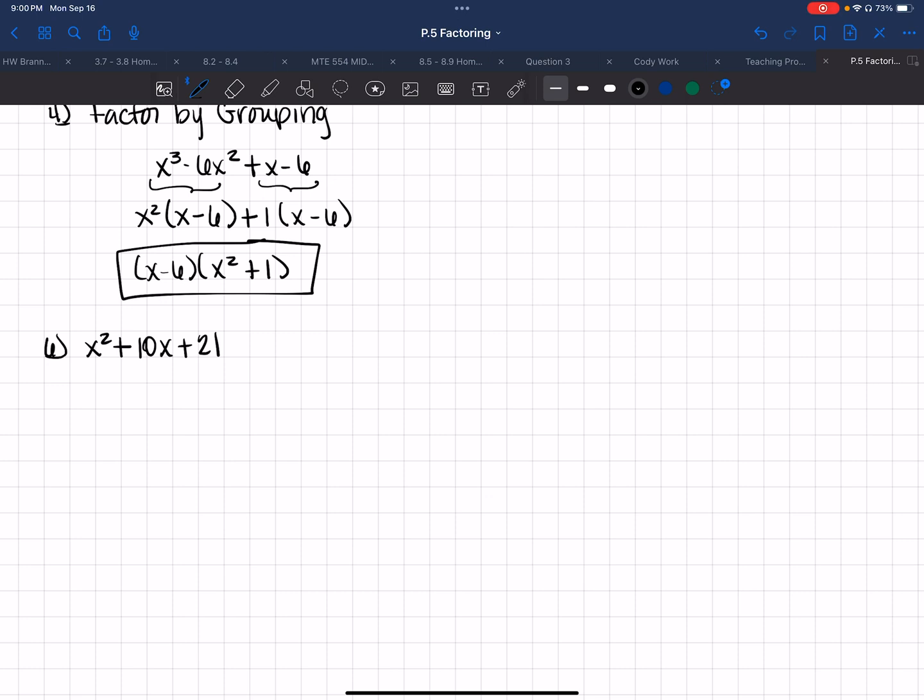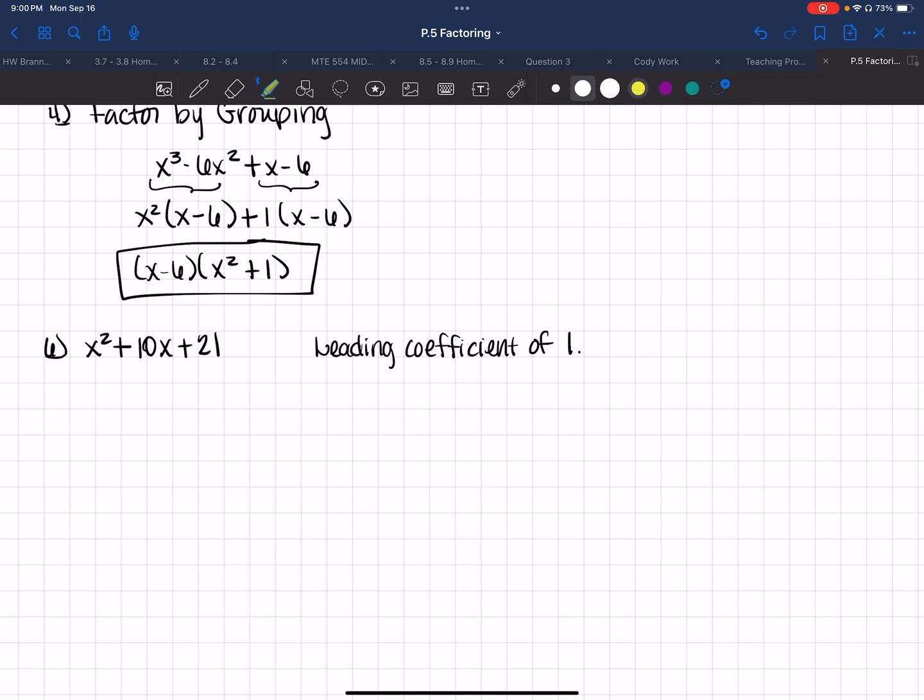Now, what we do in these kind, you remember, the first thing that we look for is that this particular problem has a leading coefficient of 1. And by leading coefficient, that means the number in front of the largest exponented variable.